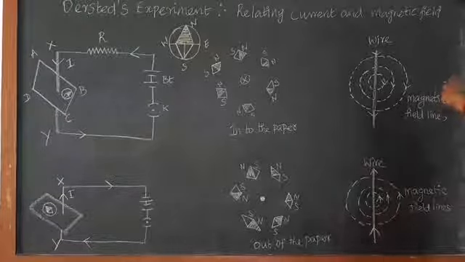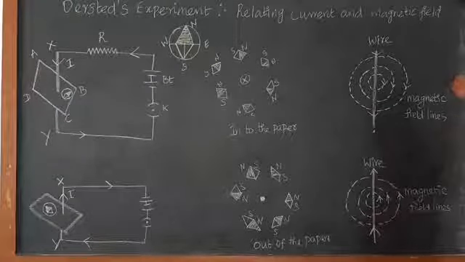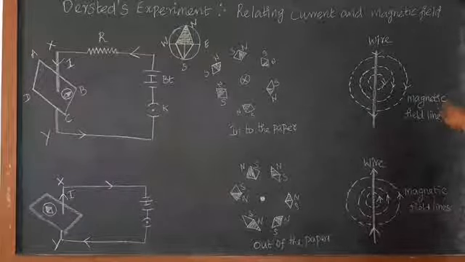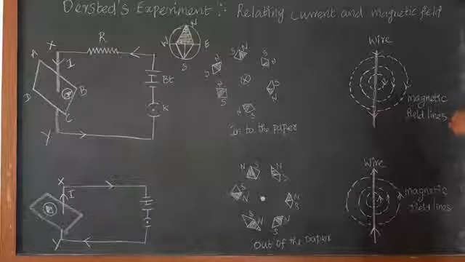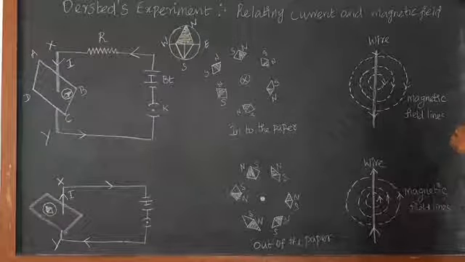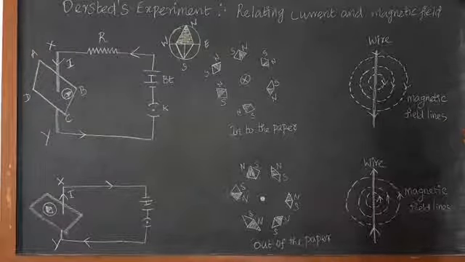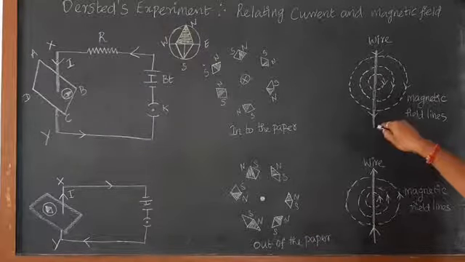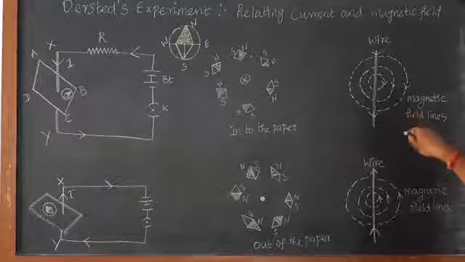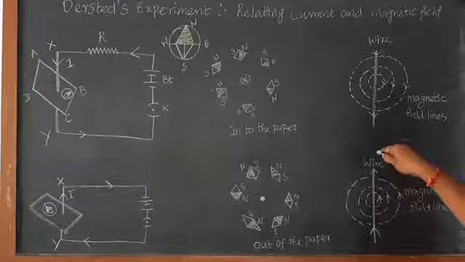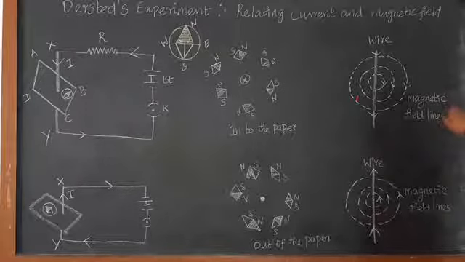Here I show the current flowing into the paper, right, from top to bottom. These concentric circles indicate the magnetic field. Look at the direction, which is clockwise, right. How do we understand this? These north poles are oriented like that, towards the clockwise direction, and there is a rule for this, which I will explain.